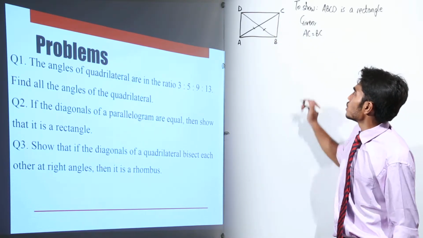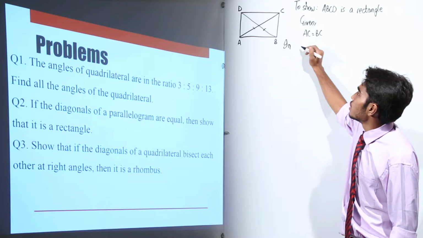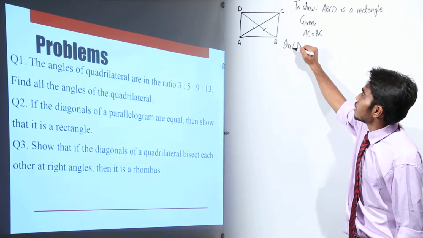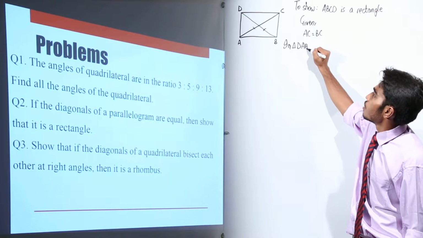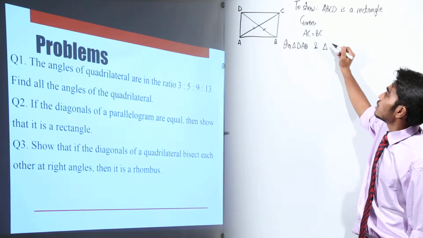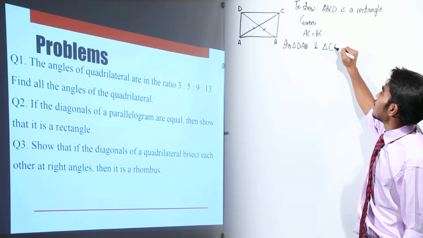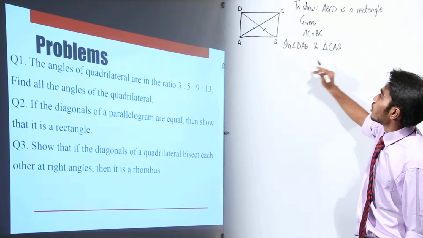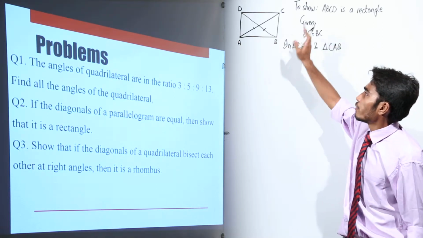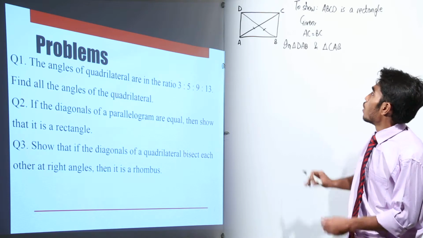Now what I am going to do is talk about triangles DAB and CAB. So in triangles DAB and CAB, what do I have?